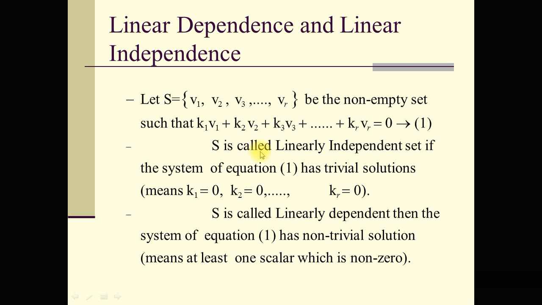If in the system k1, k2 up to kr has only the zero solution, then the vectors v1, v2 up to vr will be linearly independent. And if the system has a non-trivial solution, then the vectors will be linearly dependent.